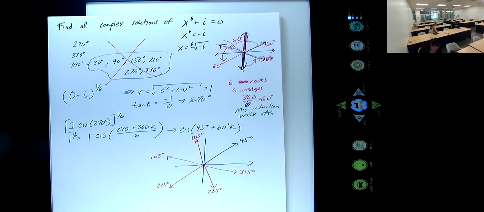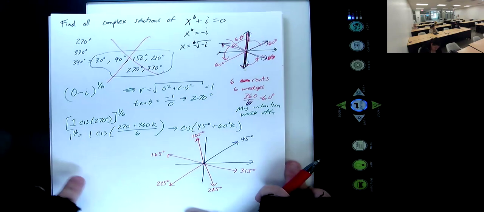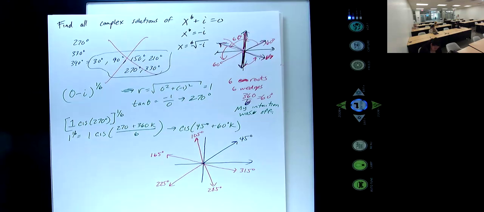So don't always just assume you can start with the graph and jump to it graphically. At least get the first line doing this right here, 270 over 6. That's what I failed to do, divide by the 6 to get my starting point.